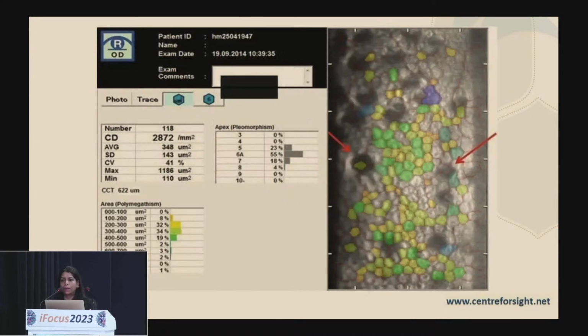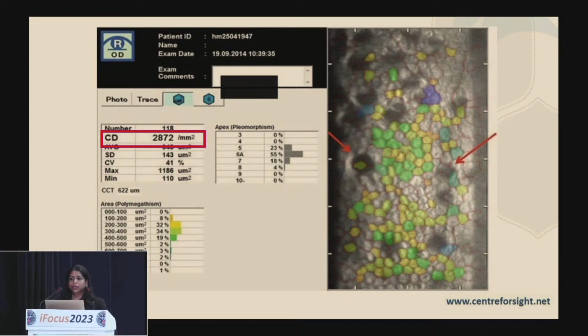So when the automatic method is available, why are we using the manual method? The manual method is very important when we are dealing with such cases. There is a specular microscopy picture on the screen, and if you see this patient, the cell density is 2872, which looks very normal, right? But this endothelium doesn't look normal to me.